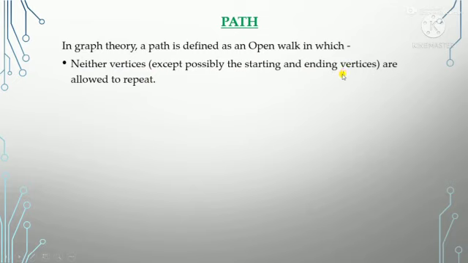So leaving the start and end points, no vertex is allowed to repeat in a path, nor are edges allowed to repeat. Neither vertices nor edges can repeat in the path, except the starting and the ending vertices.